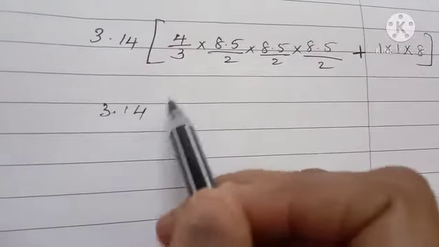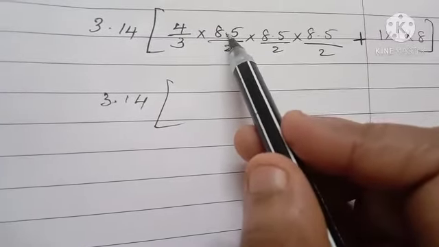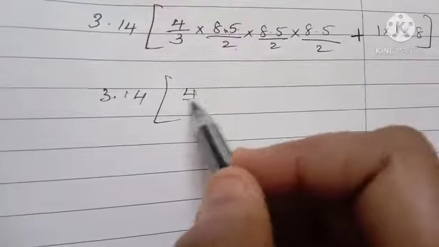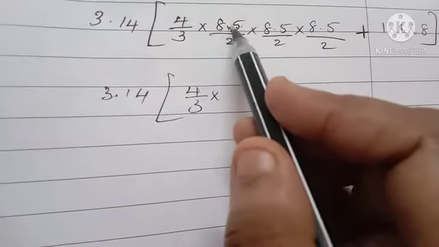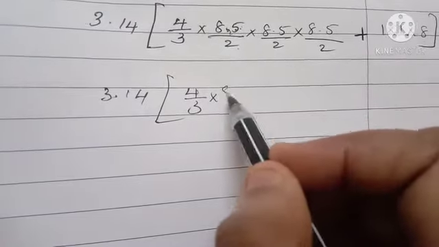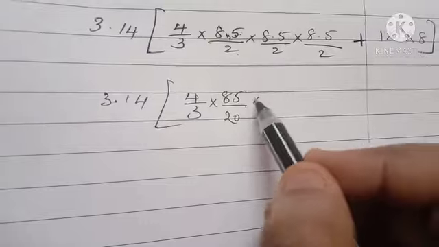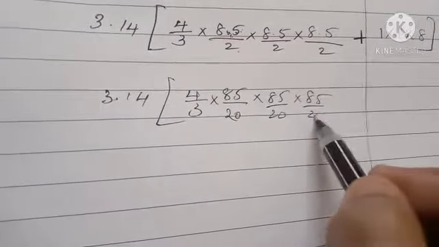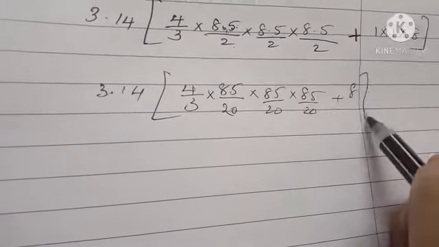Here I use a method: to remove the decimal, we multiply both the numerator and denominator by 10. So when we multiply the numerator by 10, we get 85, and the denominator becomes 20, since 2 into 10 is 20. Same way 85 by 20, 85 by 20. Anyway you can simplify. 1 into 8 is 8 itself.